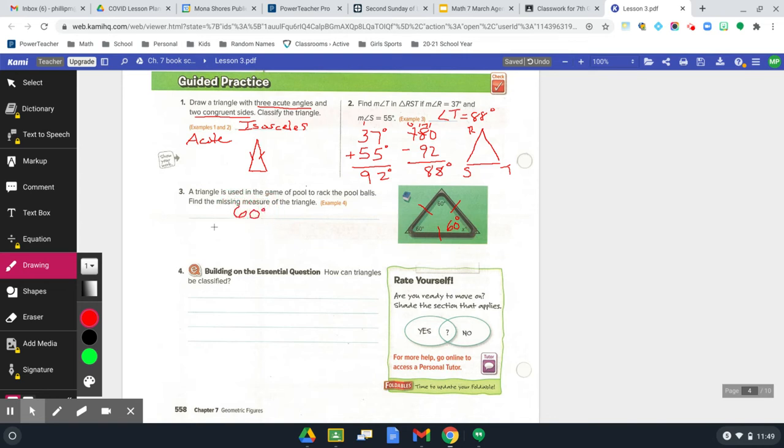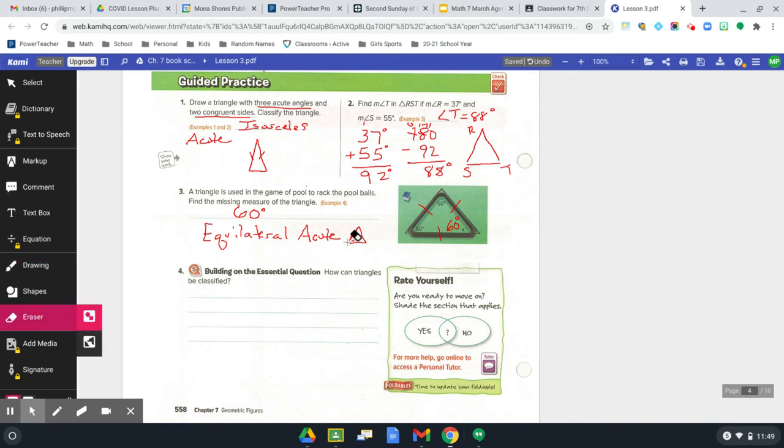Okay, at the same time, this is an equilateral, and I'm going to put acute, because all the angles are acute, triangle. That's a unique triangle in geometry. All three sides congruent, all three angles congruent.